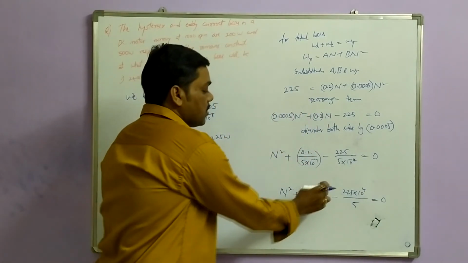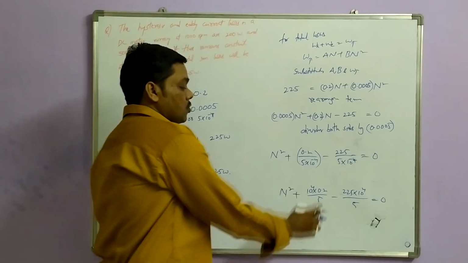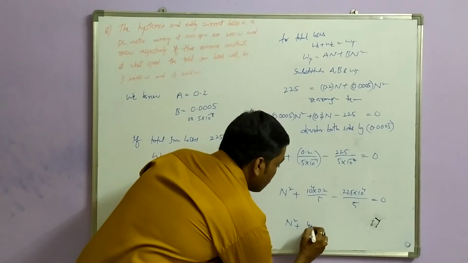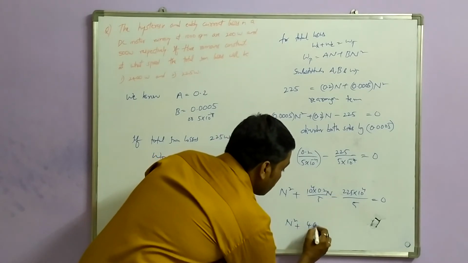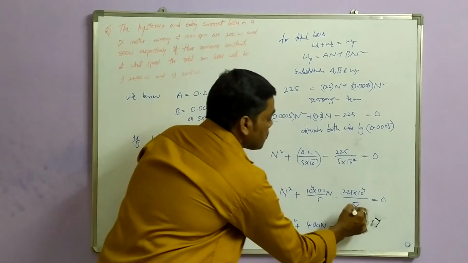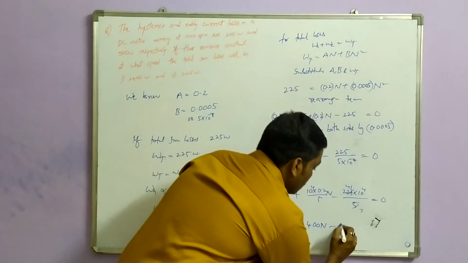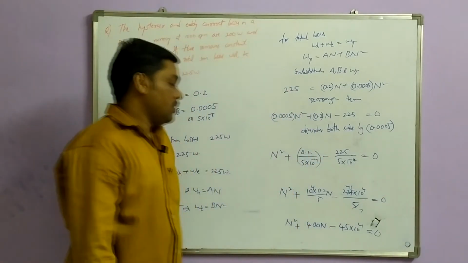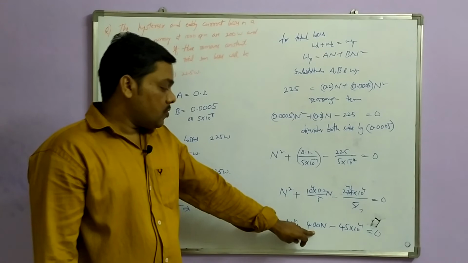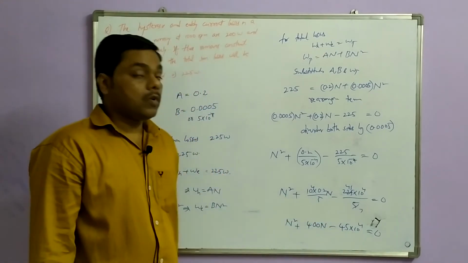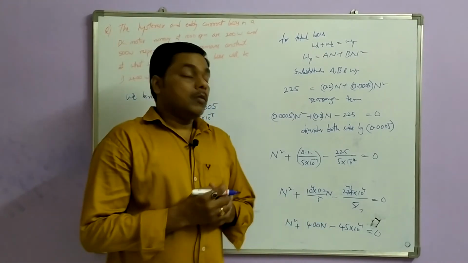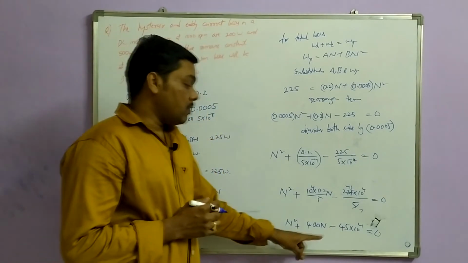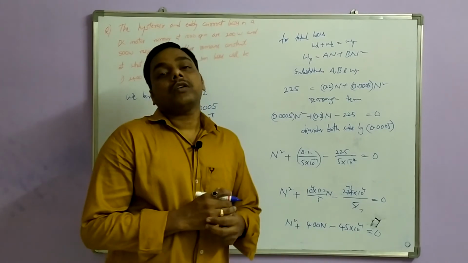Now you can see here 10 power 4 into 0.2 is 2000, so it is n square plus 2000 by 5, that is 400 n, minus 45 into 10 power 4, equal to 0. Now A is 1, B is equal to 400 and C is equal to minus 45 into 10 power 4. Now we will find the roots, that means the value of n, by using the quadratic formula.